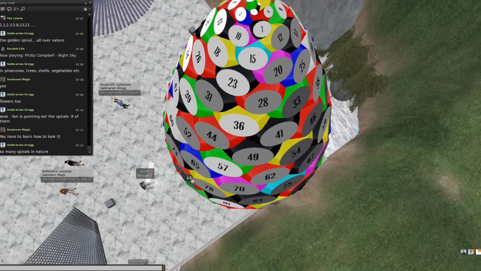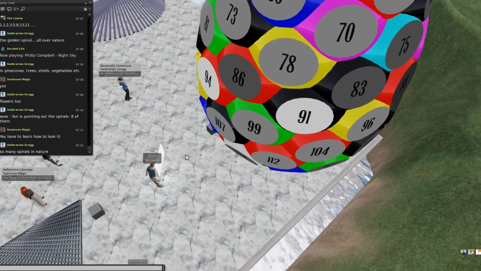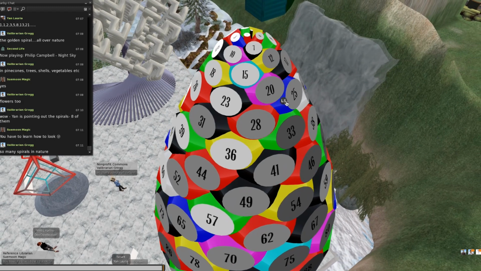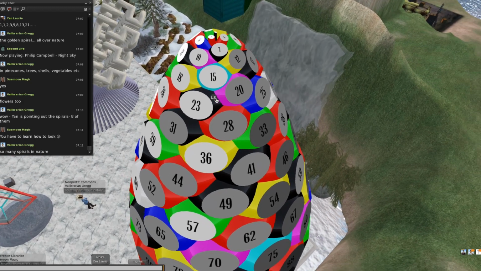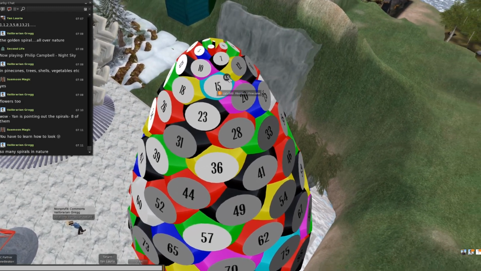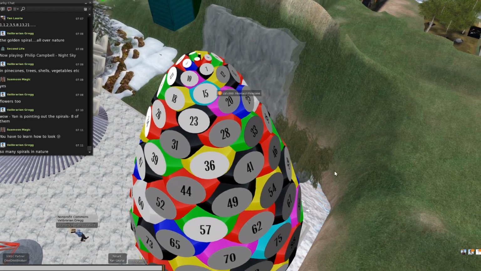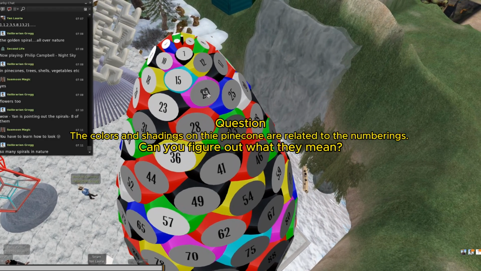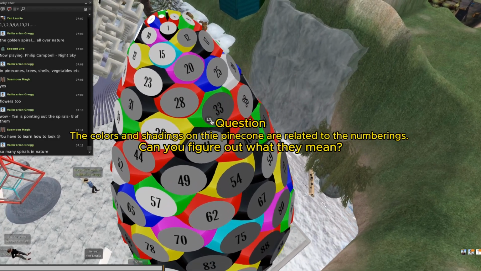And the note card you obtain from a box asks you about colors: red, blue, pink, sky blue, yellow, green, and shading: white, gray, and dark gray.